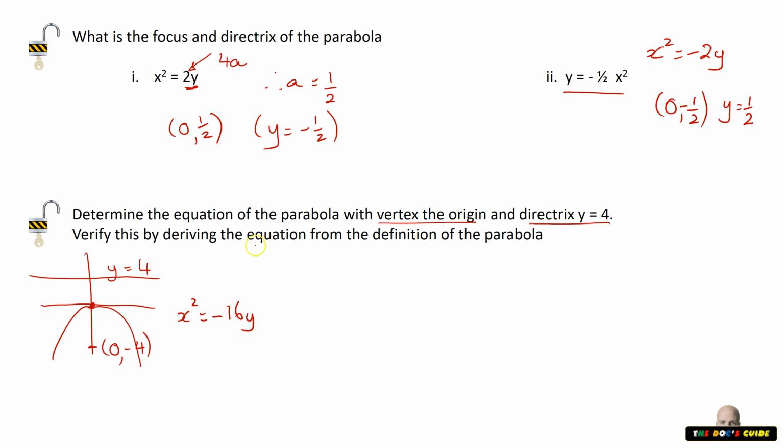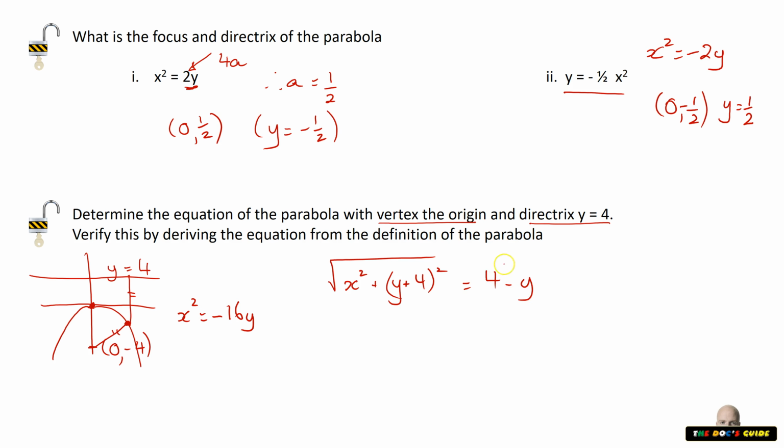Now, verify it by deriving the equation from the definition of the parabola. Means to go through the distance formula as before. So this distance and this distance must be equal. So as we saw previously, that means that the square root of x minus 0 all squared, which is just that, plus y minus minus 4 all squared equals this distance, which is 4 minus y units.